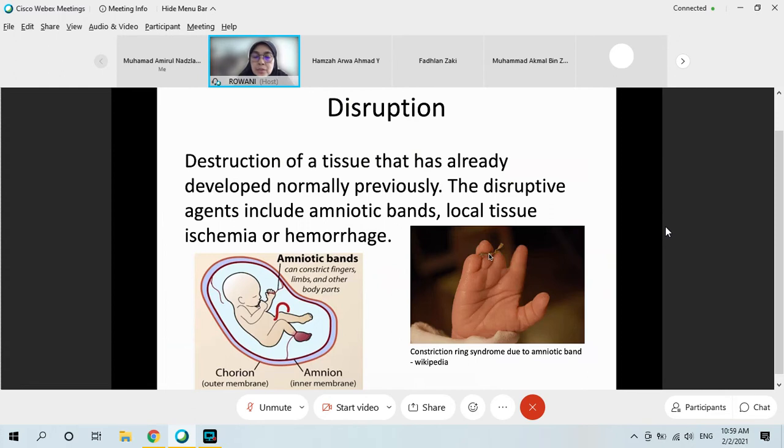So this is what we call constriction band syndrome. Other causes of disruption include infection. For example, if the mother has chicken pox in the third trimester, the varicella virus can attack the fetus, causing some destruction and deformations.